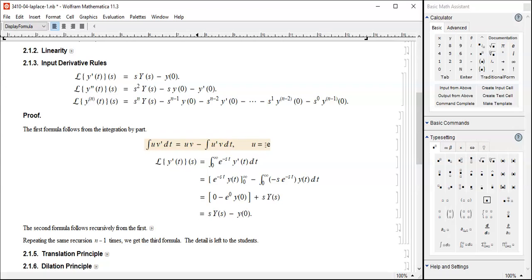We take the exponential function. And then what is v? v prime is y prime. u prime is therefore minus s e to the negative s t, and v is equal to y.